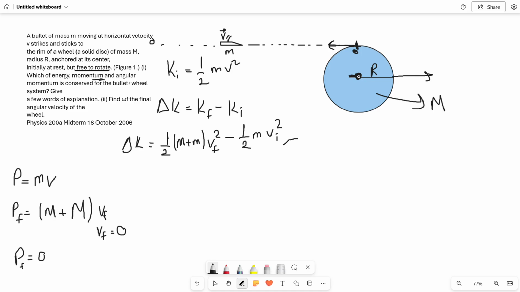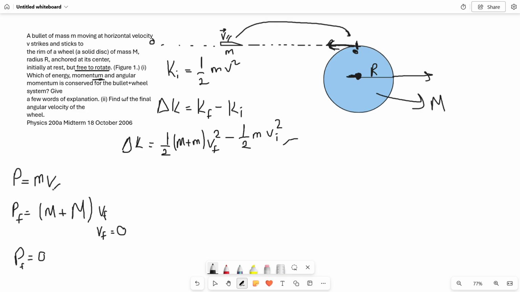Why is it not moving to the other side? Imagine that, guys. There is a stick in the center of the disc, and it holds the wheel. It does not let the wheel move away. And there is a reaction force from there when the bullet hits.